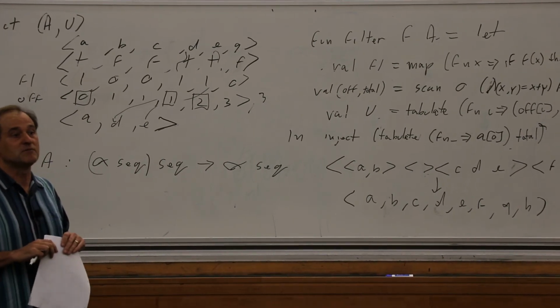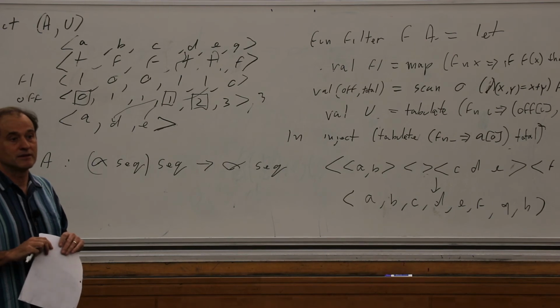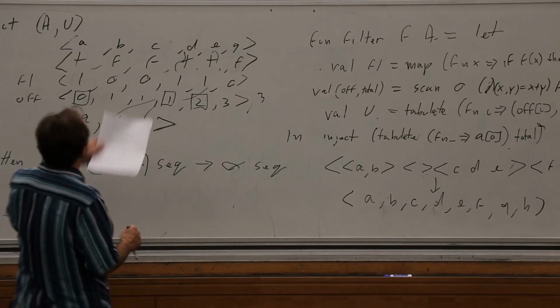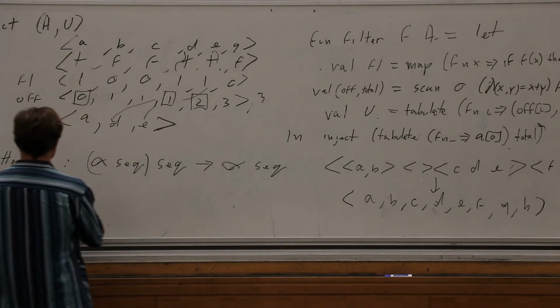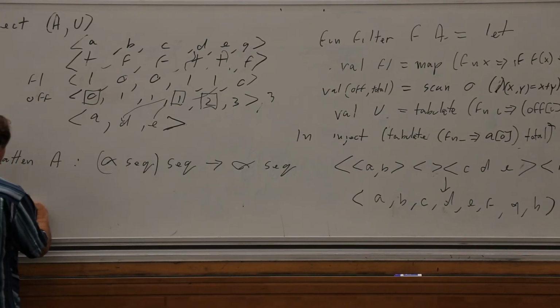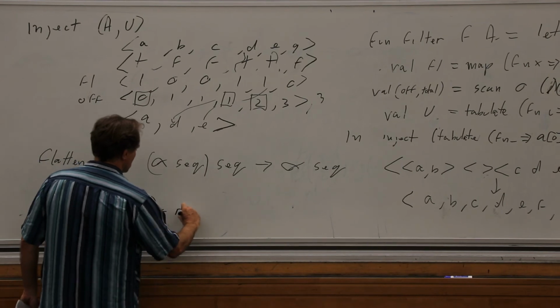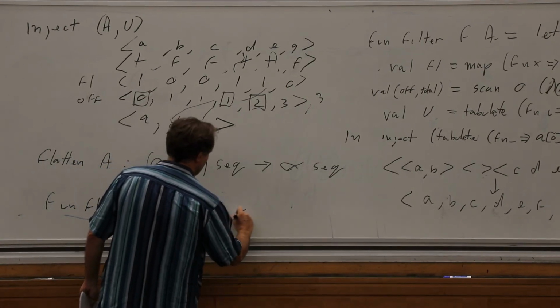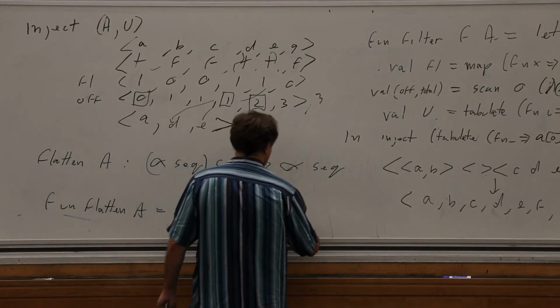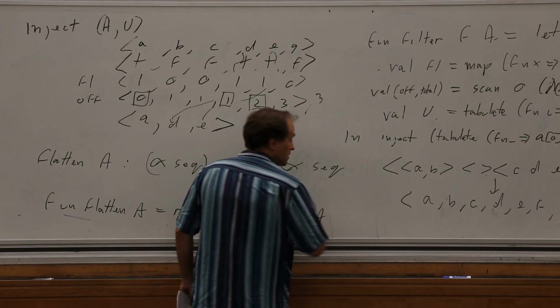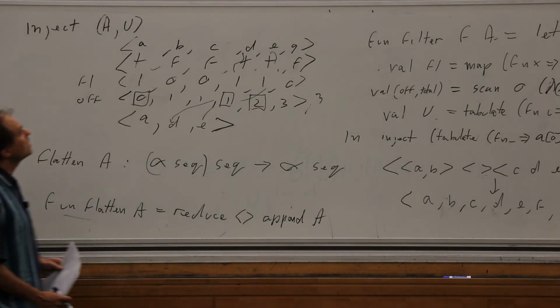But there's an even more naive method. It's just a reduce append. It's what we did up there. So flatten of A could be defined simply as reduce, with an empty sequence, append, A. And the same argument as we argued above.